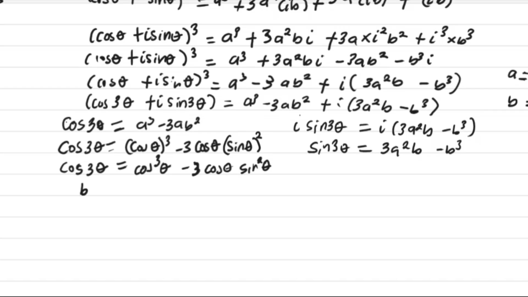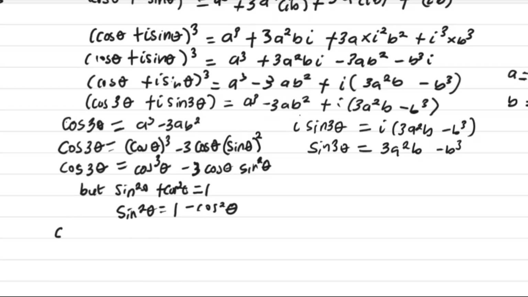But sine square theta plus cos square theta is equivalent to 1. It means that sine square theta is equal to 1 minus cos square theta.